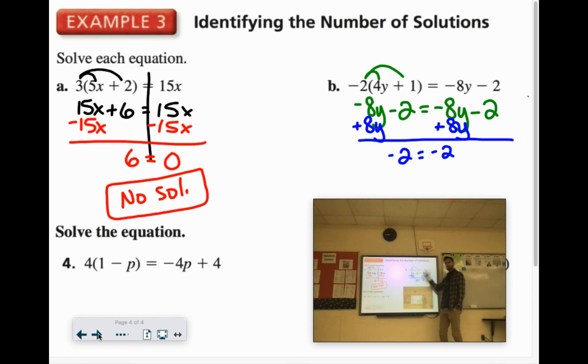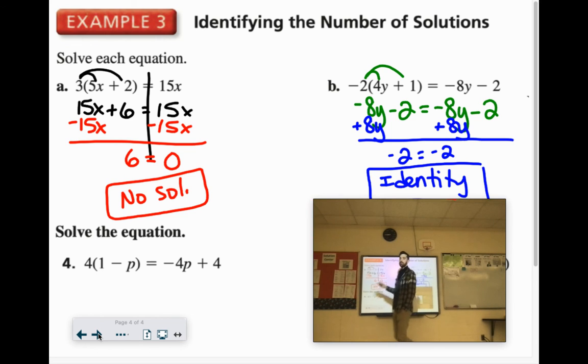No variables, and that's true. If you have the identical thing on both sides of the equal sign, you say that's an identity. Which means you can substitute in anything you want for y in the original equation, and it will work. So if everything cancels and it's not true, it's no solution. If it cancels out and it is true, that would be your identity.